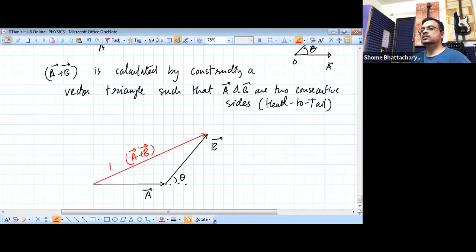So this becomes the resultant displacement, and this angle is, suppose, alpha.